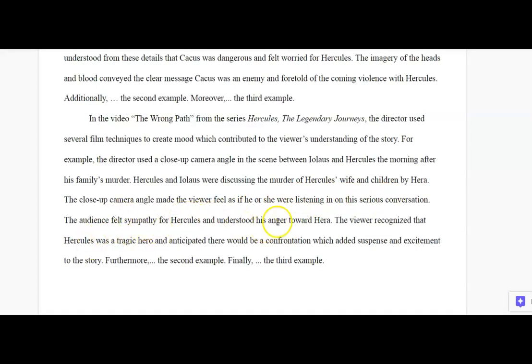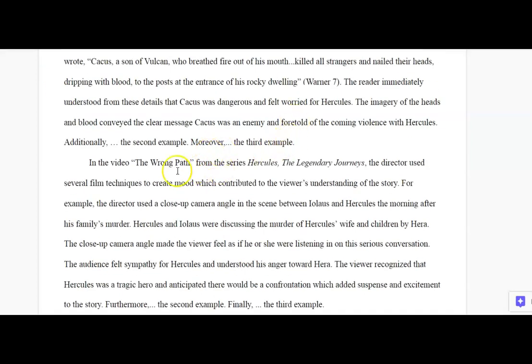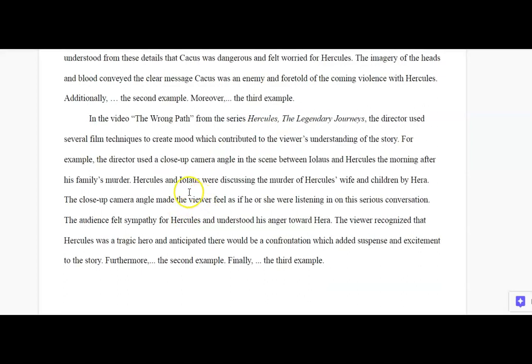It felt sympathy and anger. And then I recognized that he was a hero and that there would be a confrontation, adding suspense and excitement, right? So I put all those things in a paragraph, and then I add my transition word, and I'm going to do the same thing for my second example, and another transition word, and my third example. And notice all my transition words are different from the previous paragraph. I didn't repeat any transition words, okay?